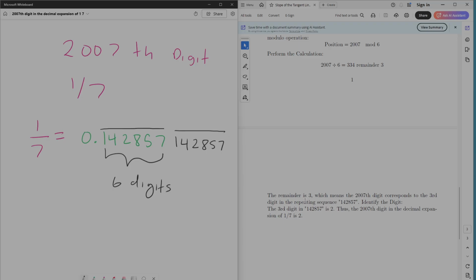So the remainder is what we need. Remainder equal to 3, which means that the 2007th digit corresponds to the third digit in the repeating sequence. Now we need to identify the digit, which is the third digit in the sequence.